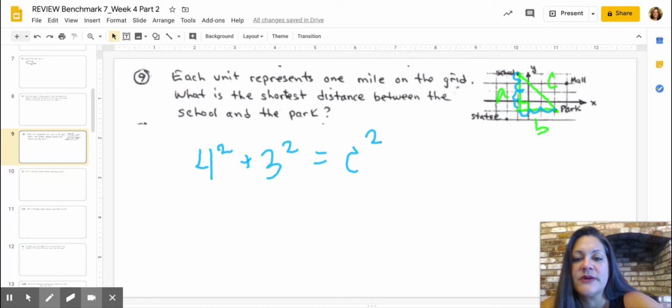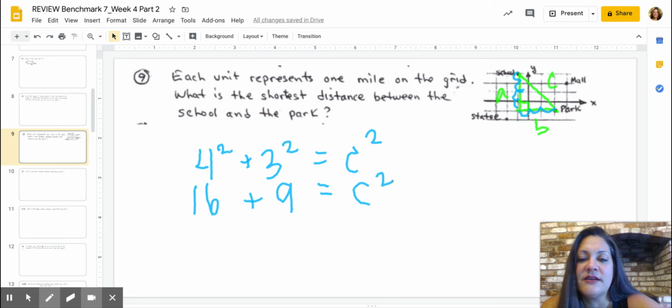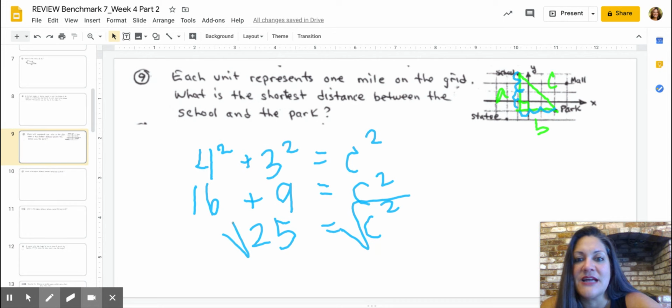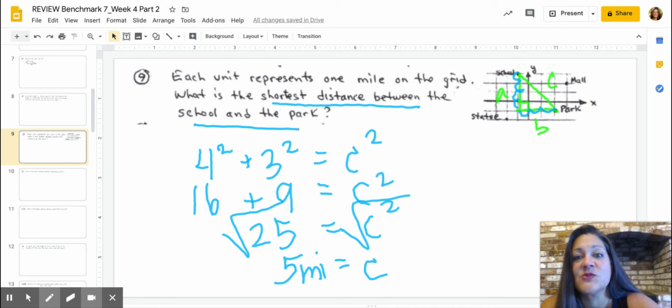Okay, so 4 squared is 16, plus 3 squared is 9, equals C squared. 16 plus 9 is 25. Square root of both sides. 5 miles equals C.